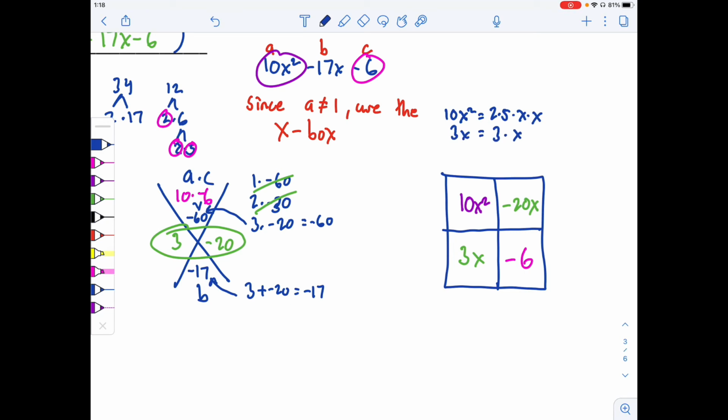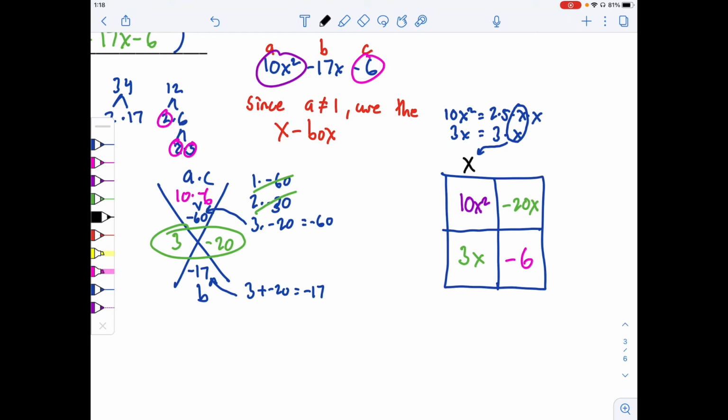The only common factor here is x, so that's our GCF. We put that right there. So x is our GCF.